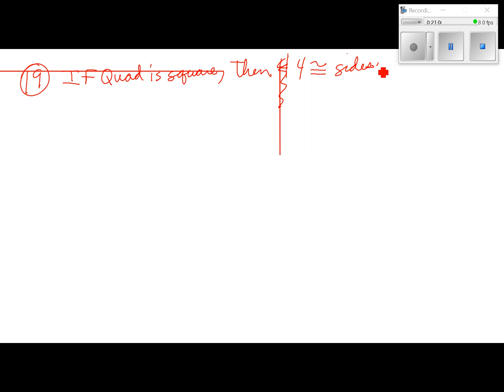Then they tell us that quad ABCD is a square.